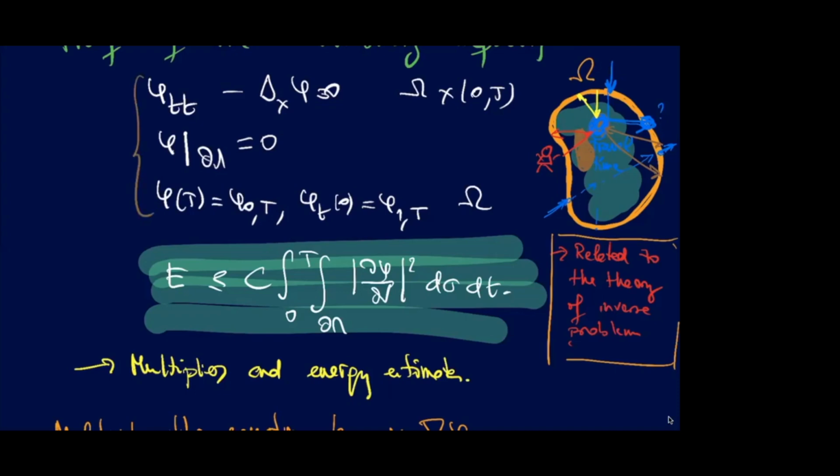Okay, and why is this observability inequality related to this kind of inverse problems? Well, it's simply because this is the basic inequality that is telling you that indeed all this makes sense, because you can recover fully the energy inside the domain out of measurements done all along the boundary.